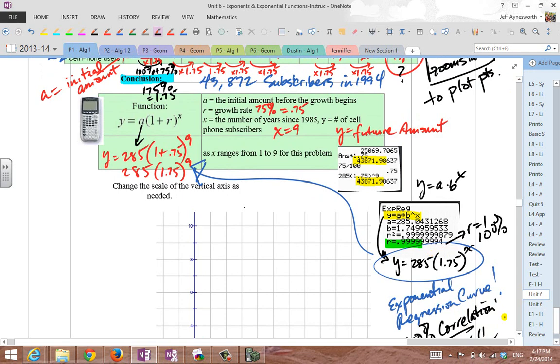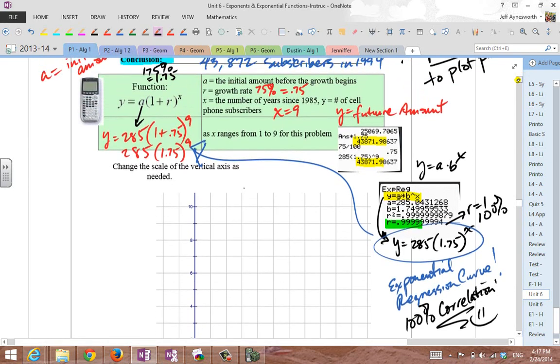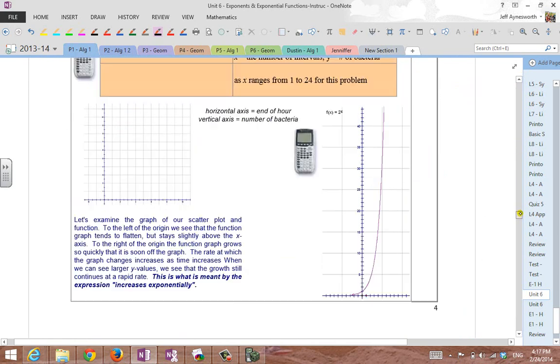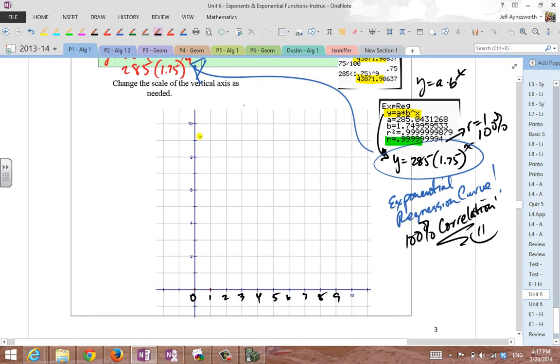Then what you do is graph the data and take a look at what it looks like. You're obviously going to have to change the scale because the biggest Y value is roughly 45,000. The biggest X value is 9, from 0 to 9, that's easy. The question is, what's your scale going to be, because you have to count all the way up to 45,000?